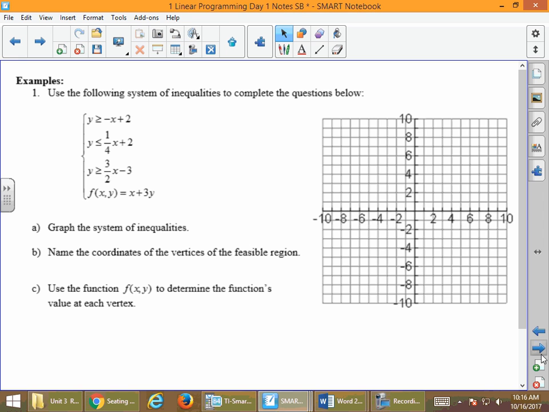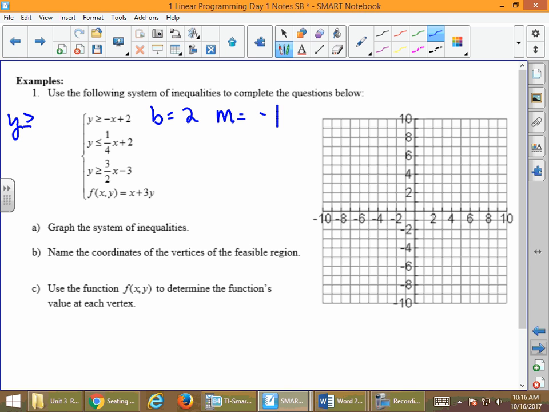So we look at this first one. It says y is greater than or equal to negative x plus 2. What's the y-intercept of our first inequality? 2. What's our slope? Negative 1. If you prefer, you could have rewritten this as y is greater than negative 1x plus 2. And remember that slope is defined as rise over run, so it's negative 1 over 1. And we're going to start with b equals 2.